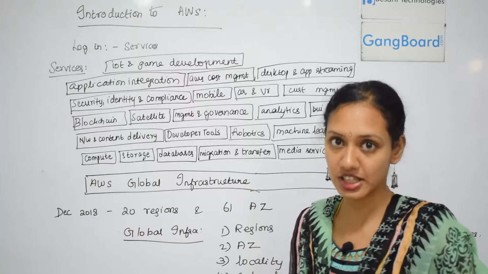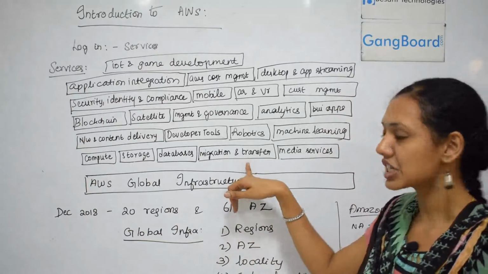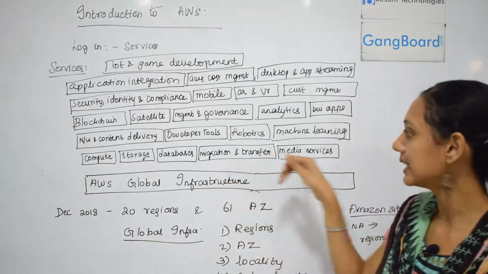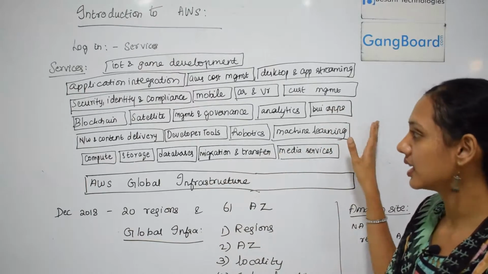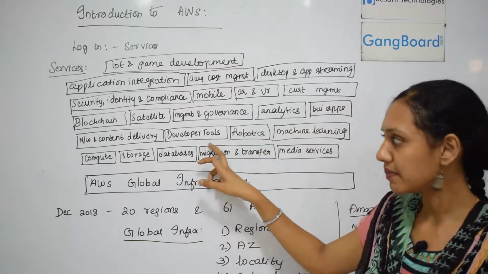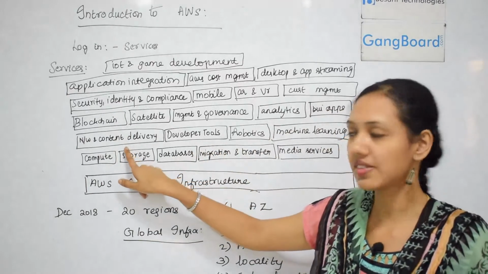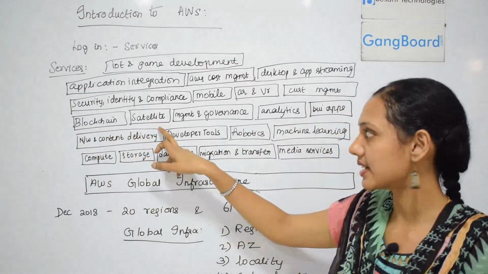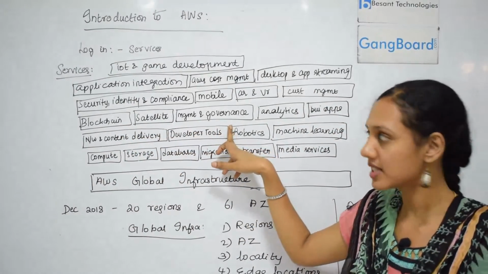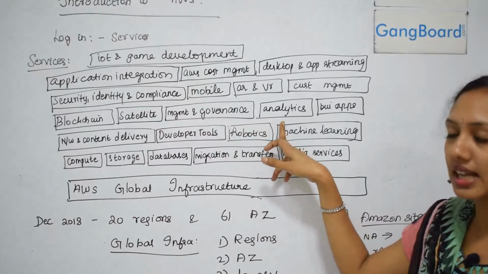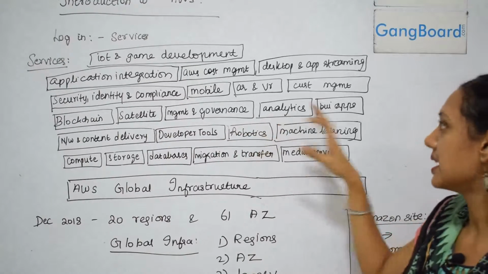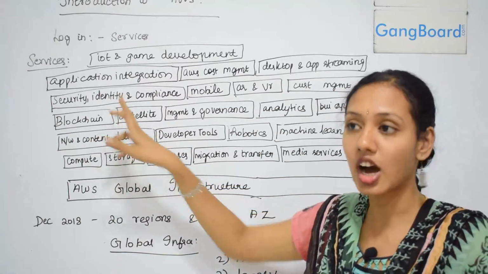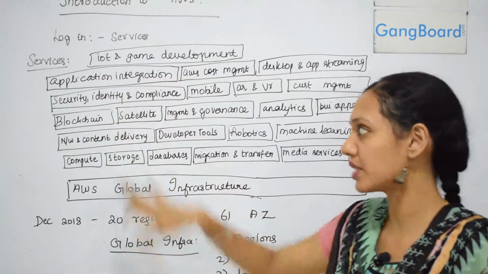We already saw that in the history of AWS. Then migration and transfer services, wherein we have something called Snowball. Then media services, machine learning, robotics, developer tools, network and content delivery. This is where VPC comes in. Then blockchain, satellite services, management and governance services, analytics, business apps, and then your security, identity and compliance, like how you manage users within your AWS account.